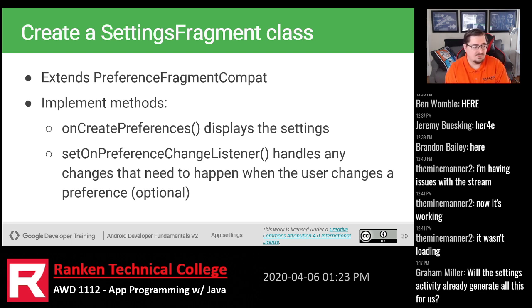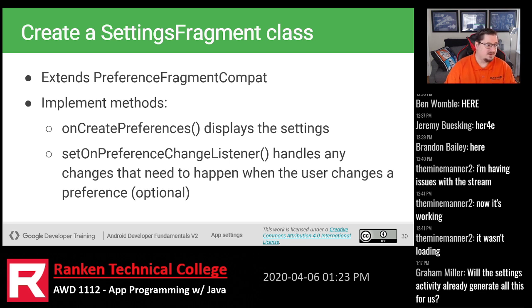But this is specific for dealing with preferences. Also inside of onCreatePreferences, we may need to call setOnPreferenceChangeListener to handle any sort of changes to the preferences to be able to update summaries and different things on that actual screen.